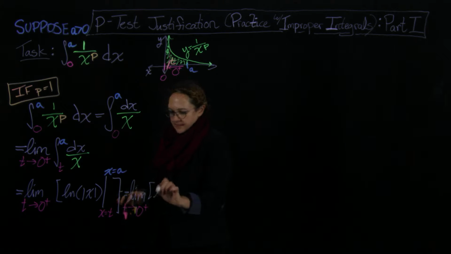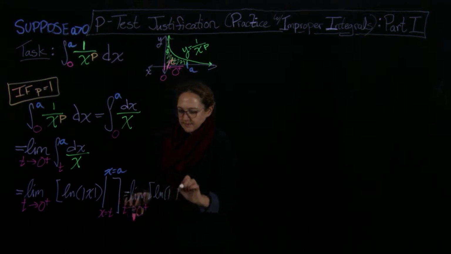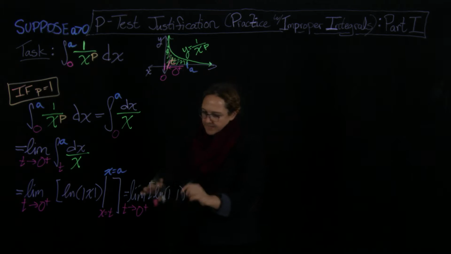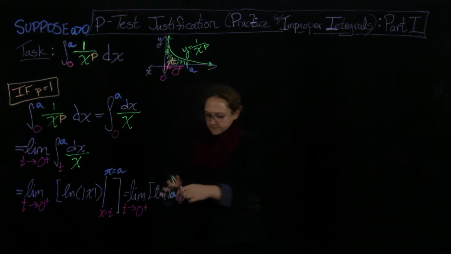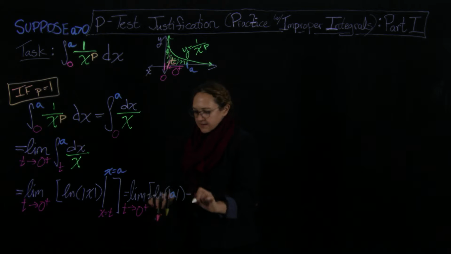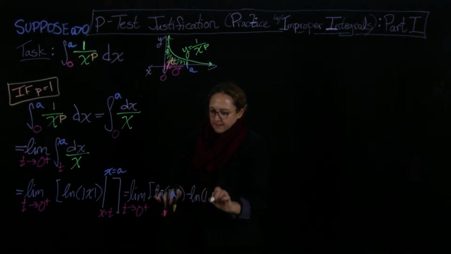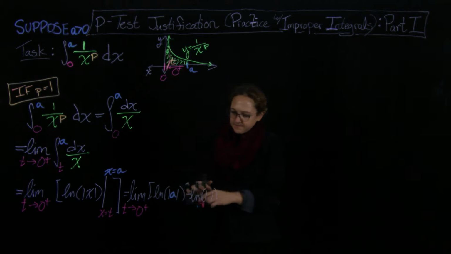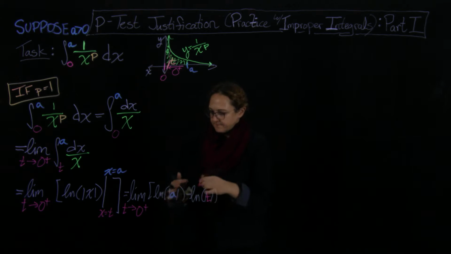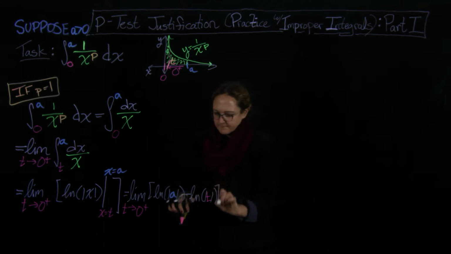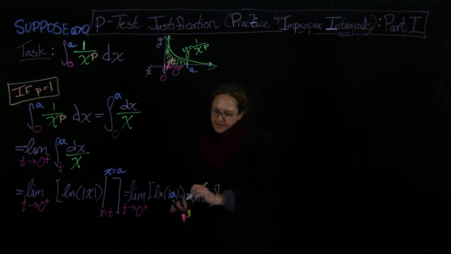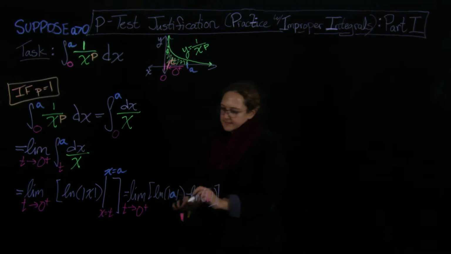So I have the natural log of the absolute value of a minus the natural log of the absolute value of t. Okay. So now I can look at these, and what do I know here?